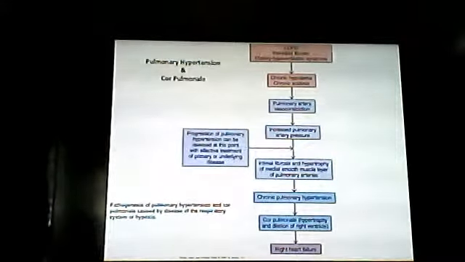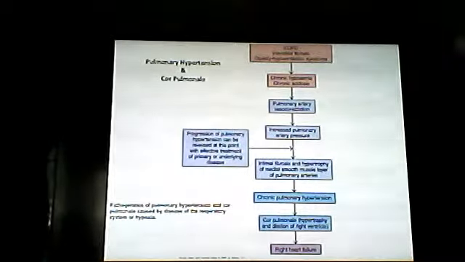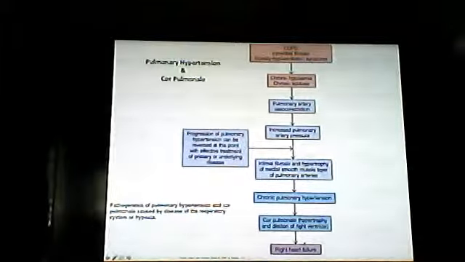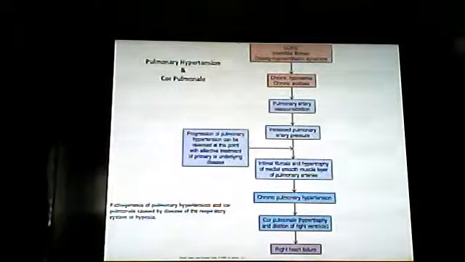It ends up hypertrophying, getting bigger, and eventually starts to fail because it overworks and can't actually get the blood through. That relates a lot to the fetal circulation. The same thought processes are all involved.